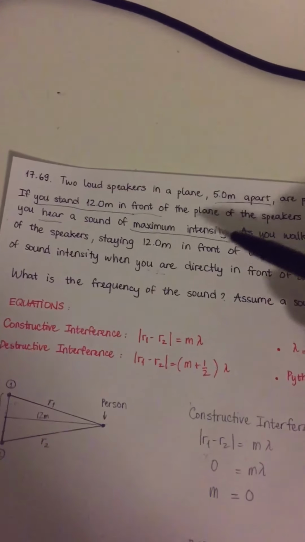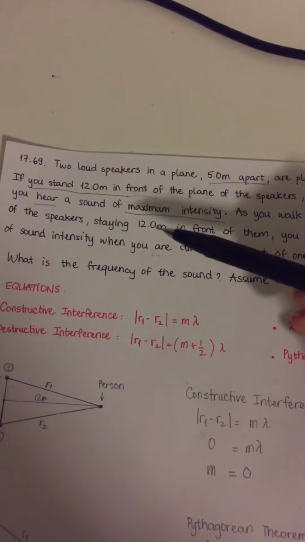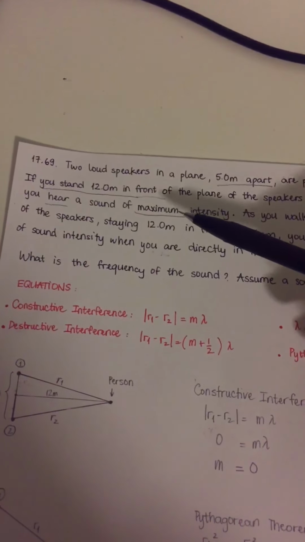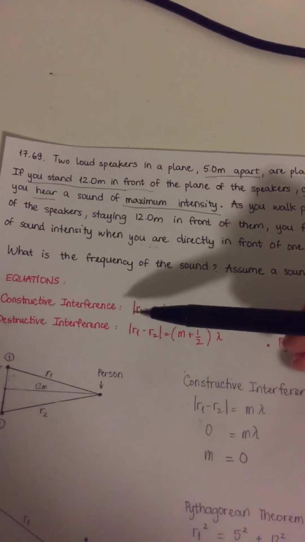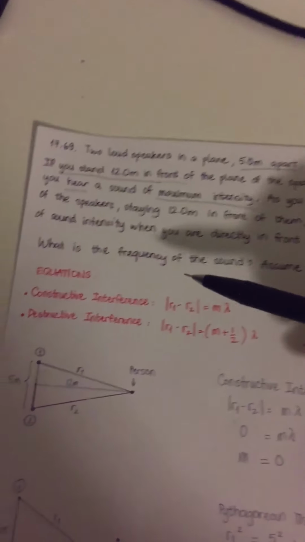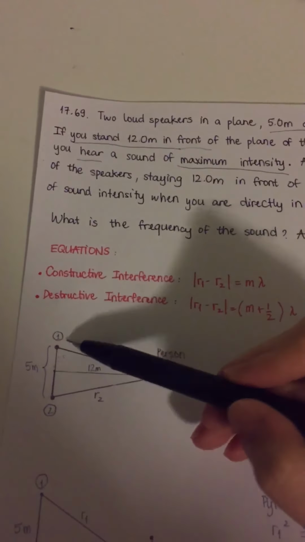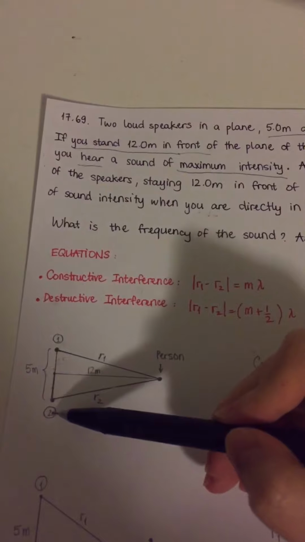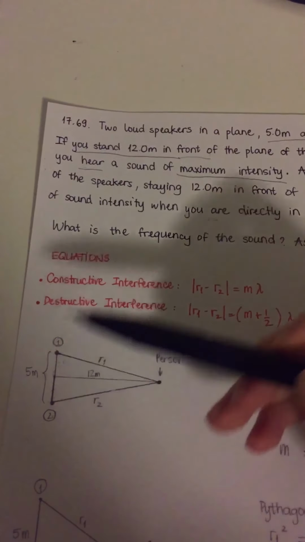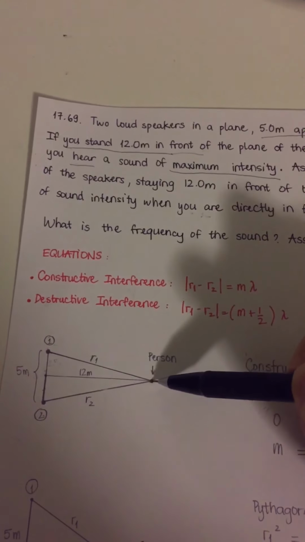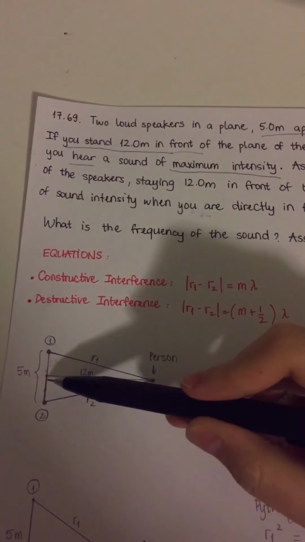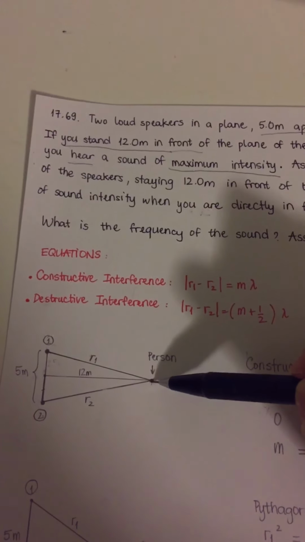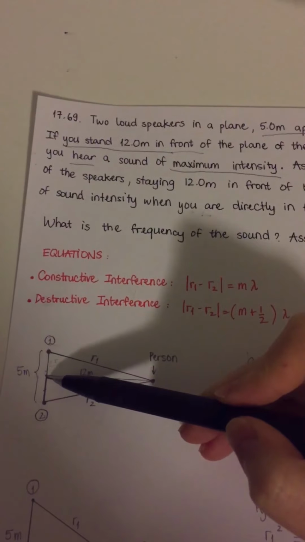So it means that when we are standing in this position, there's a constructive interference happening. So this is speaker 1 and speaker 2, 5 meters apart, and this is us standing 12 meters from the speakers and in the center of them.